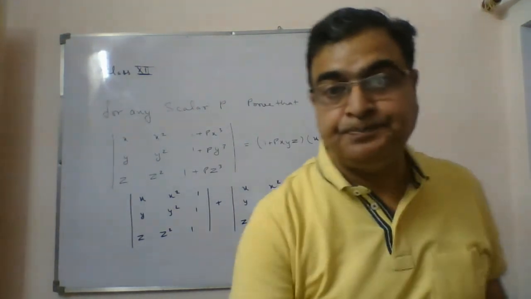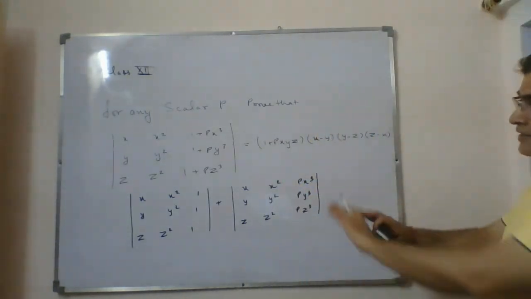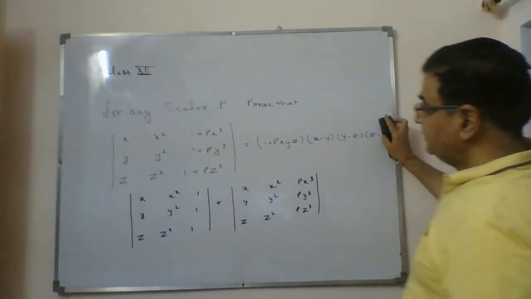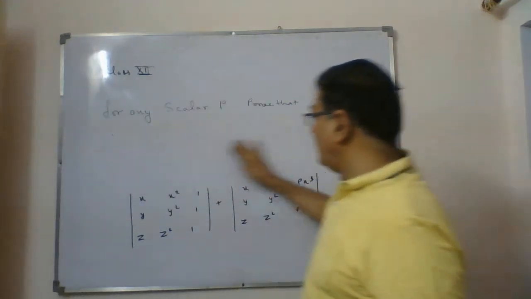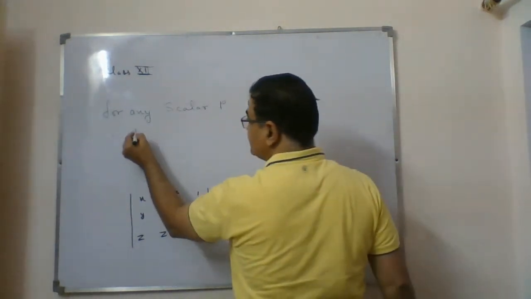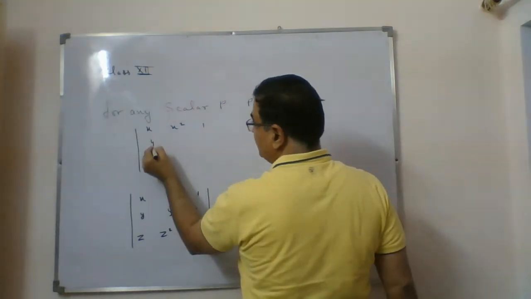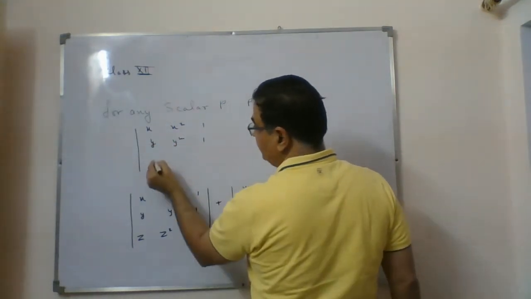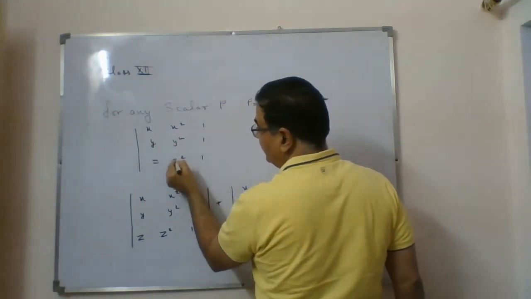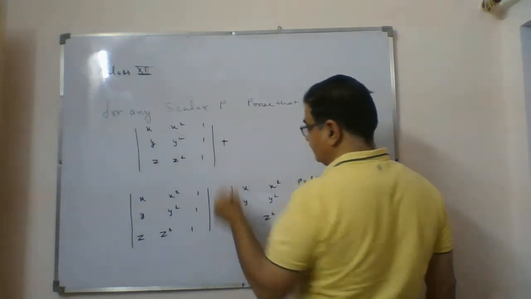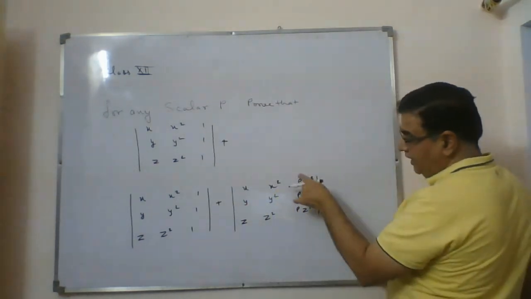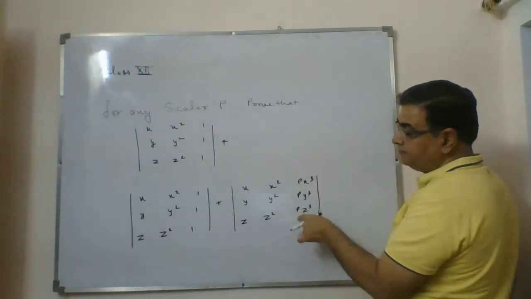We'll write this way. First, split this in two parts. Now, when you split this in two parts, this part I'll keep the same: x, x square, 1, y, y square, 1, z, z square, 1, plus. In this part, p will be common.